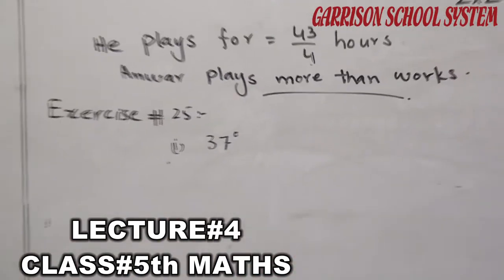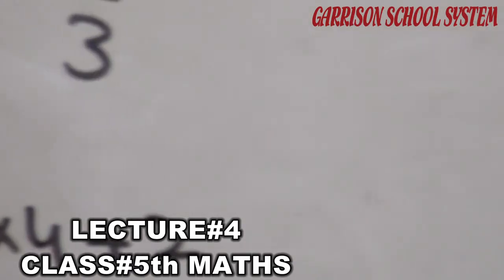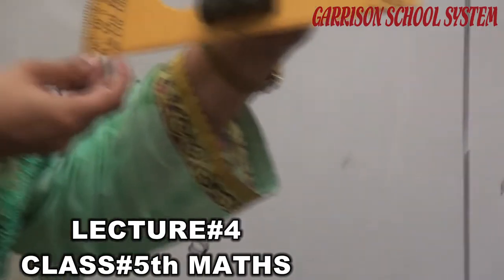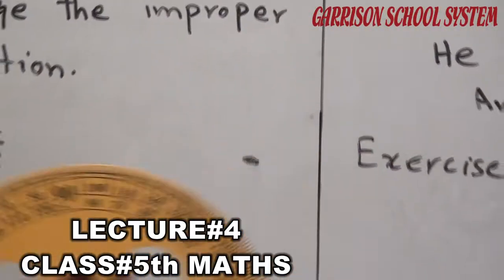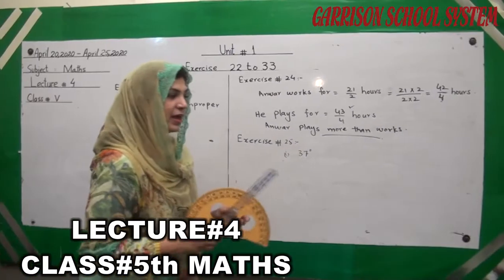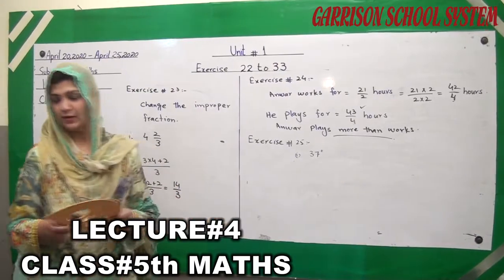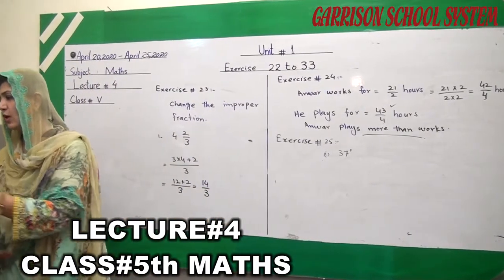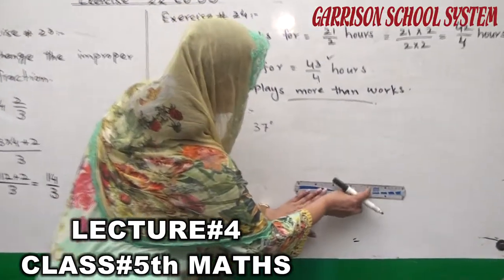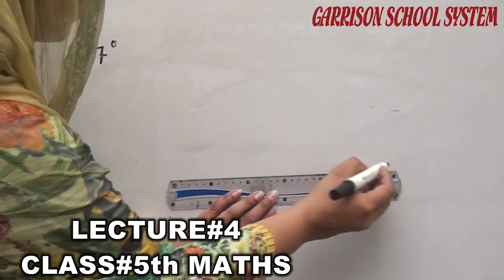So let's start. Students, first of all, you should have the protractor and you should have a scale and a sharp lead pencil. So let's see how can I draw. First of all, I want to draw here a line this way.